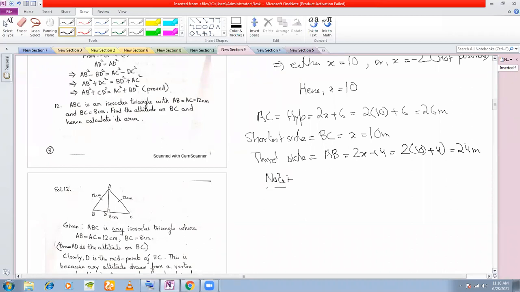The hypotenuse here is 26, and the other sides are 10 and 24. So 10 square plus 24 square is equal to 26 square. That means 10, 24 and 26 is a Pythagorean triplet. This is just for your observation.